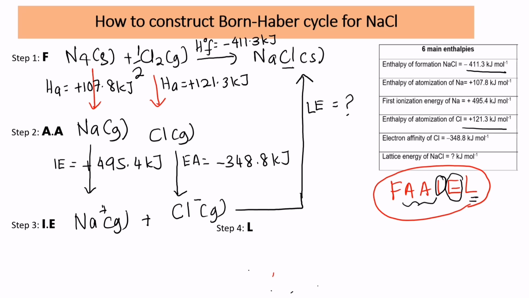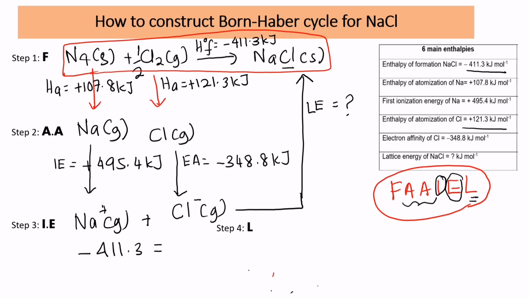So how do we calculate lattice energy? To calculate lattice energy, the enthalpy of formation is equal to the total of all the enthalpies below.